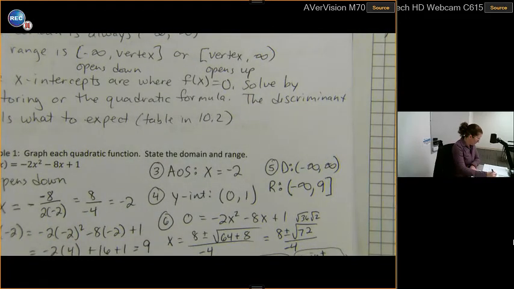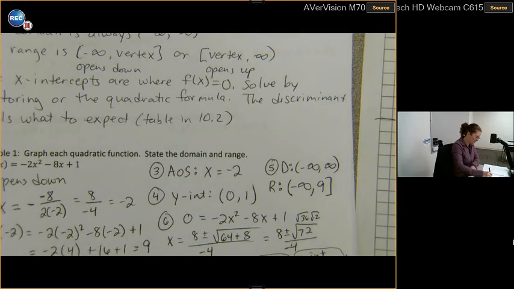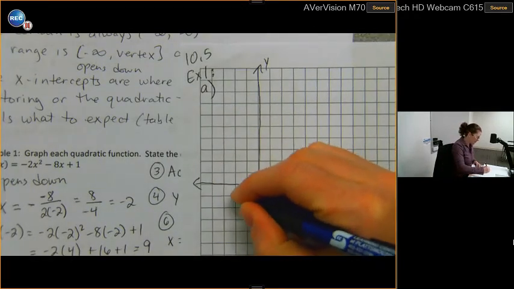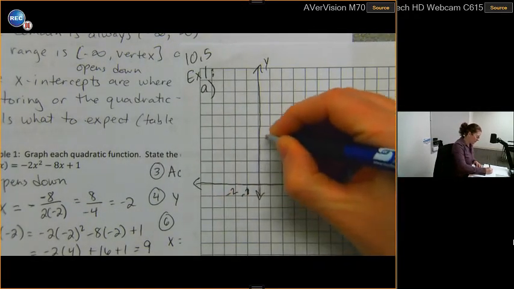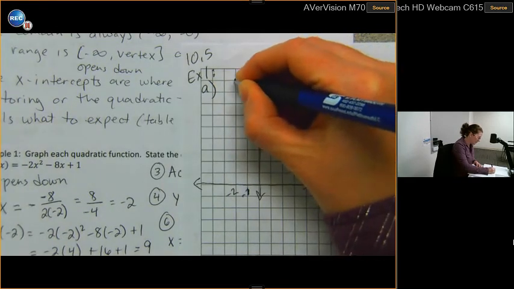Let's go with negative 2, 9. There's my vertex.